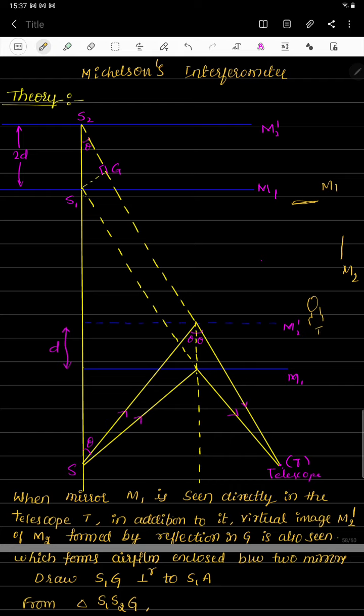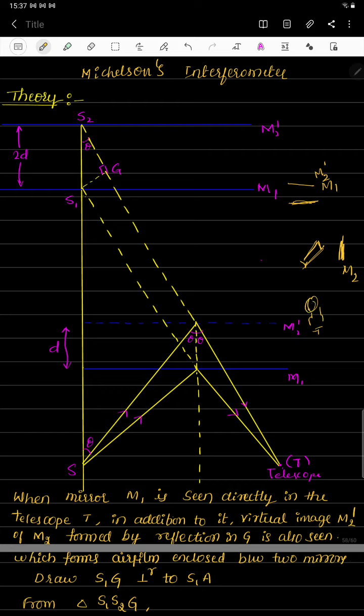So if you look directly in the telescope, you can see M1, along with the image of M2 that is formed by the reflection in the plane glass plate G. Because of the reflection, the image of M2 that you see above M1 in the telescope is the virtual image of M2, that will be M2 dash.